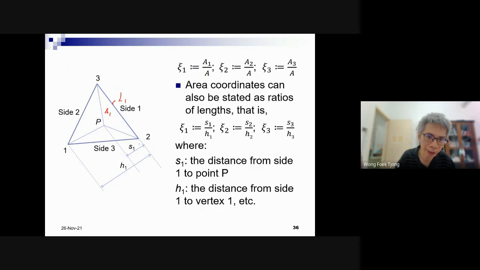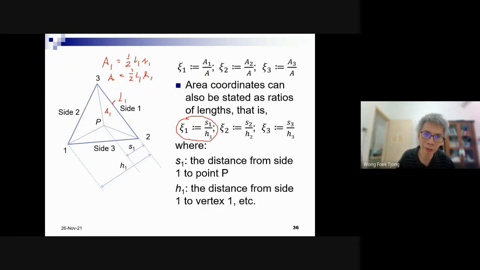If this is S1, the area is what? 1/2 L1 S1, correct? S1 means the height of the triangle from side 1, or the distance from node 1 to side 1. So this is 1/2 L1 S1, right?